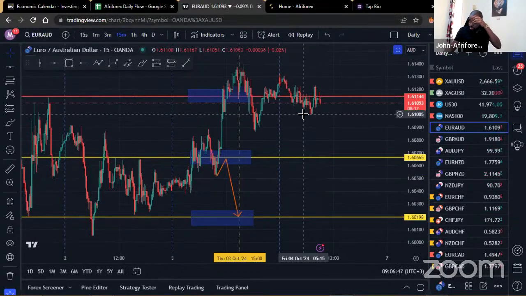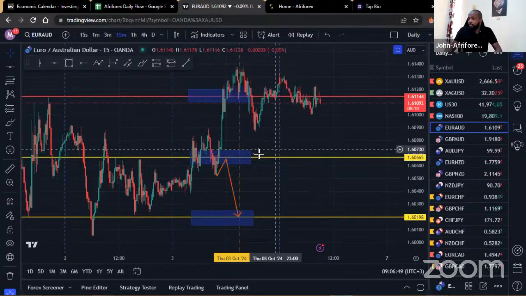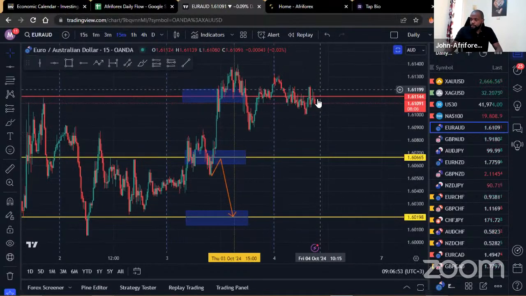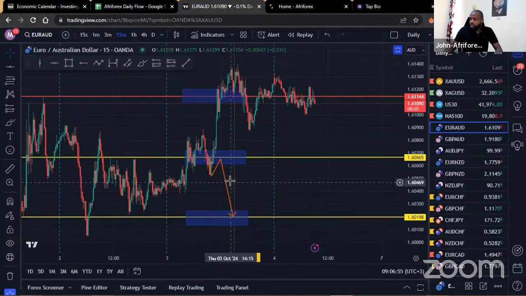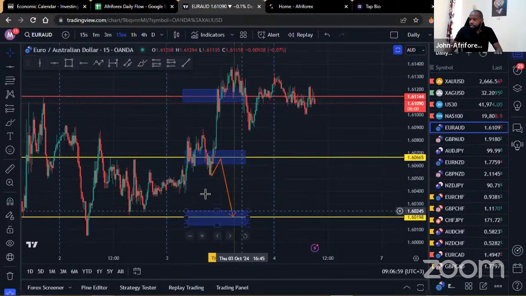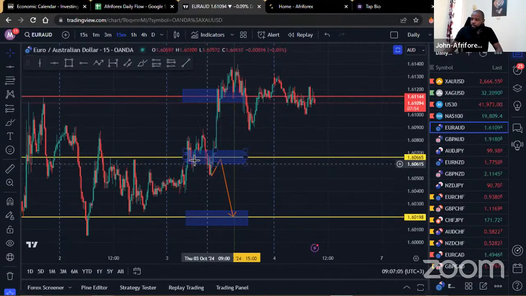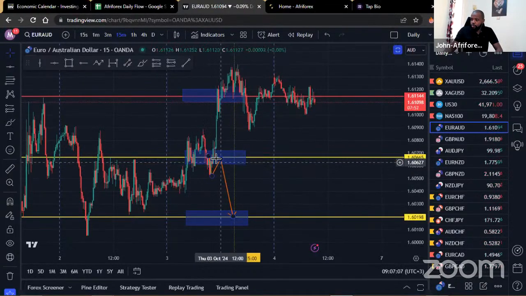We'll start off with this one. This is the euro against the Australian dollar. For this one yesterday, we were trying to see whether we could have looked for some selling opportunities. You can see the three regions right there that had been pointed out, and an illustration of what we were expecting before possibly jumping into some selling opportunities. The market had come down, but we wanted to see that hold within this region right here.